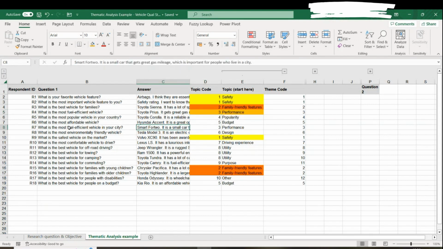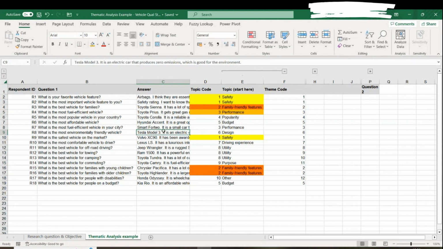Then this person, we asked, what is the most fuel efficient vehicle in your city? They said the smart vehicle. It is a small car that gets great gas mileage, which is important for people who live in the city, which is similar to what the other person said, although they focused more on the budget, while this person focused on it being great for the city.